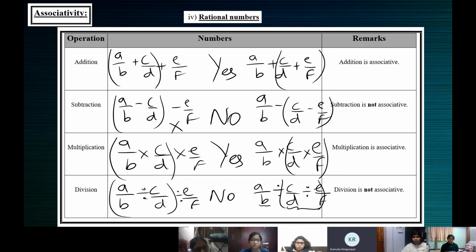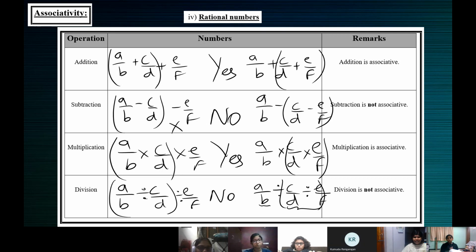So associativity means taking three rational numbers, and when we group them in different orders, we group the first two, we group the last two. On adding and multiplying, you'll get the same answer. On subtracting and dividing, you will not get the same answer. Rational numbers are associative under addition and multiplication, but not under subtraction and division.